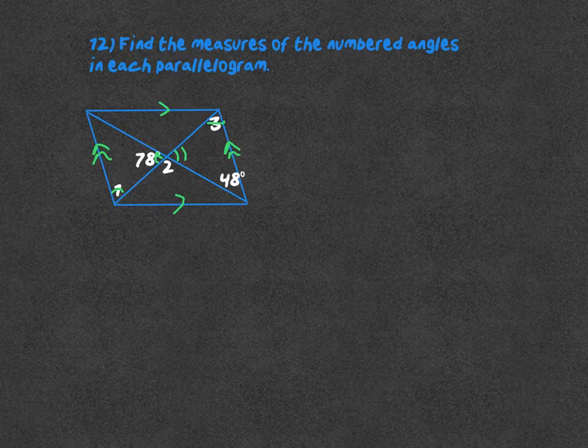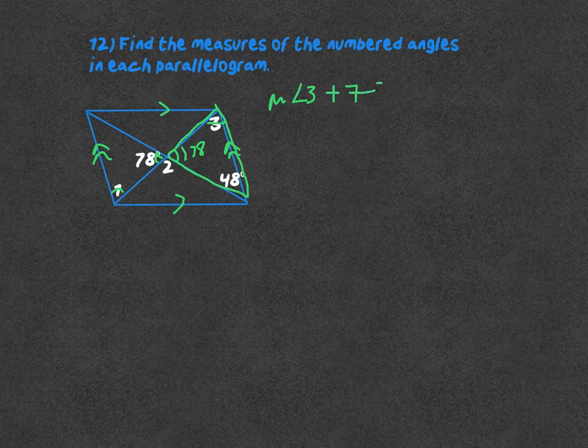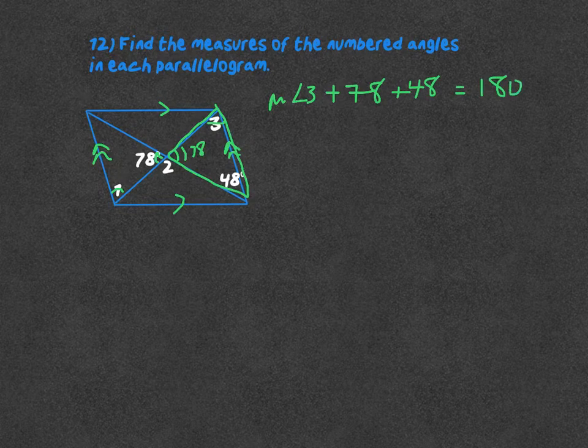Then we have this triangle. So we should be able to solve for angle 3 because we have 78 here, 48 in the other corner, and then the angle 3. So the measure of angle 3 plus 78 plus 48 is equal to 180.